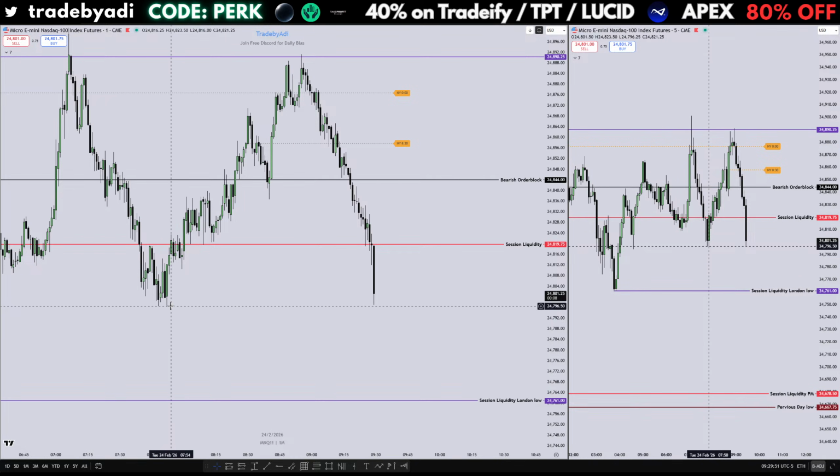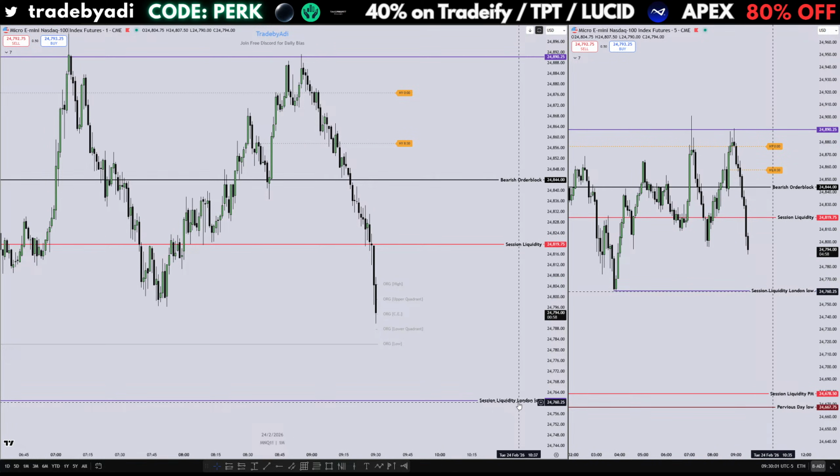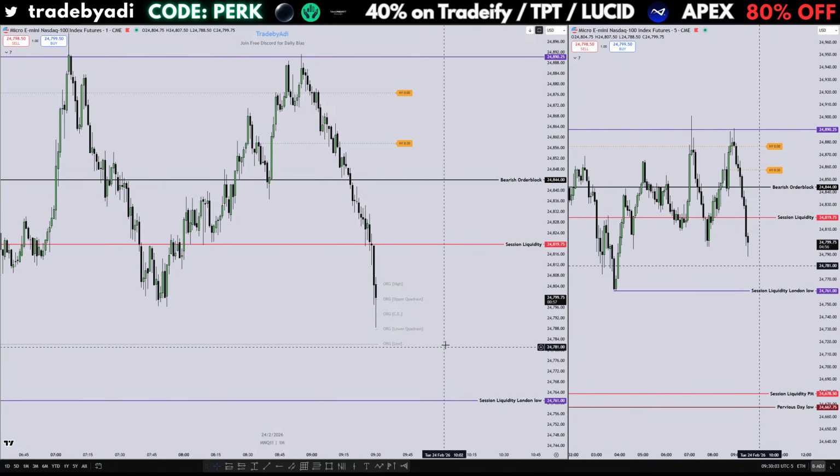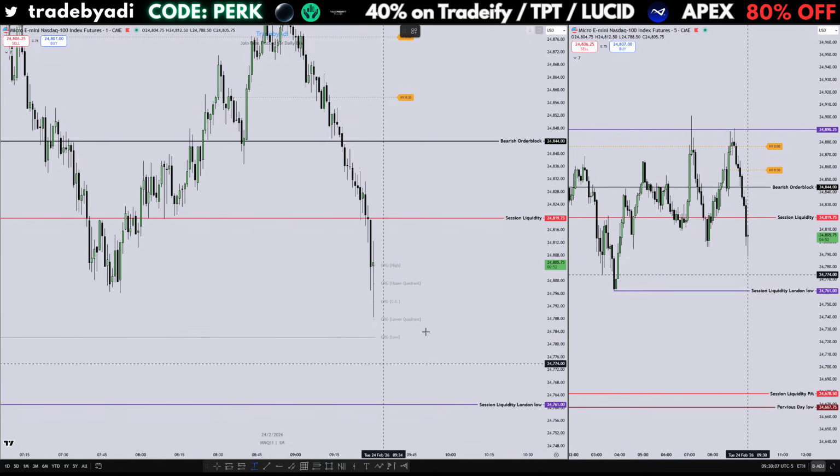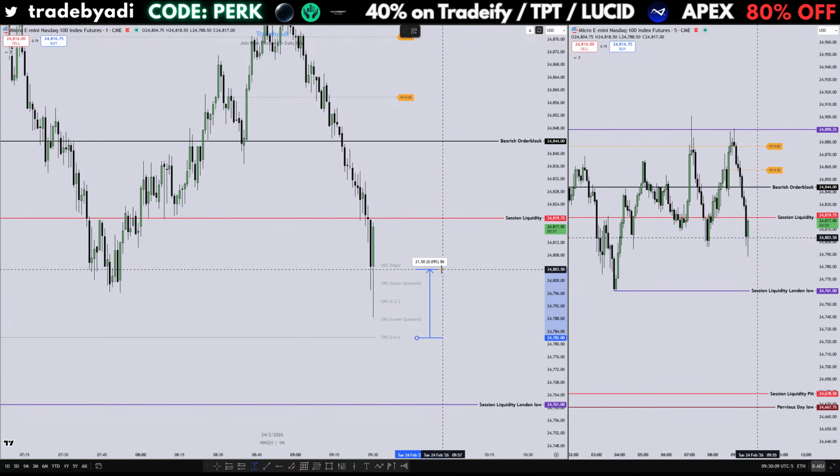Because we are also opening below the sell side liquidity, I think if we make one more bearish candle, we are going to have a big distribution to the downside. And let me see this gap. It is below, 22 pips, 22 points.